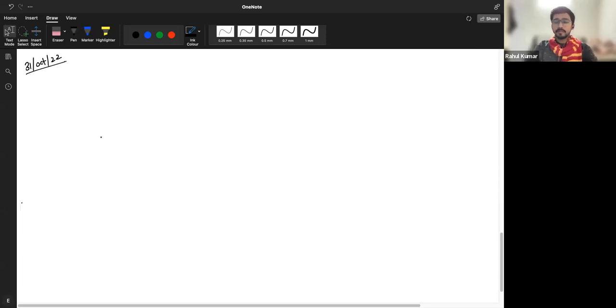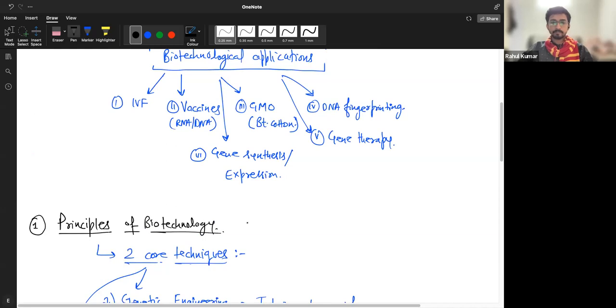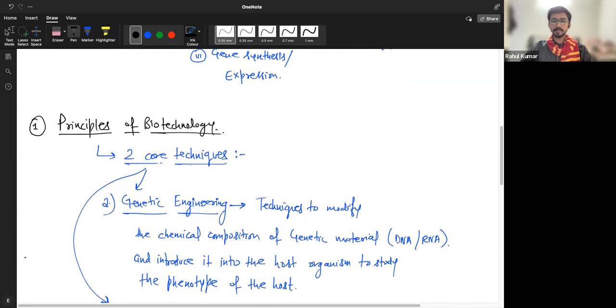Now, before going there, as we have studied above, there are two core techniques that are foundational to all biotechnological processes. Either we engineer the genetic material, which is called genetic engineering, and the genetic material is DNA or RNA.